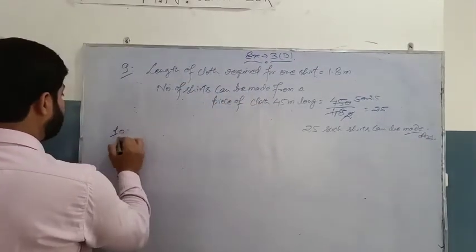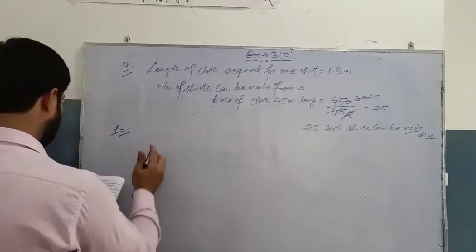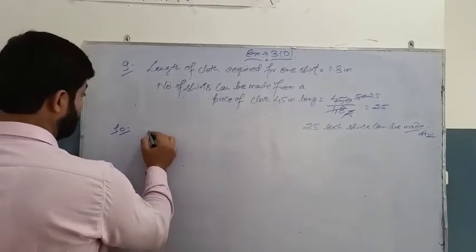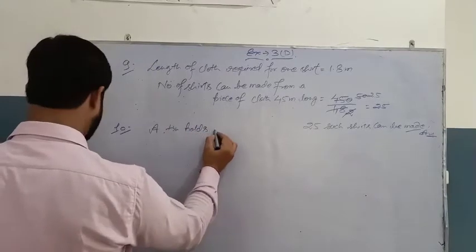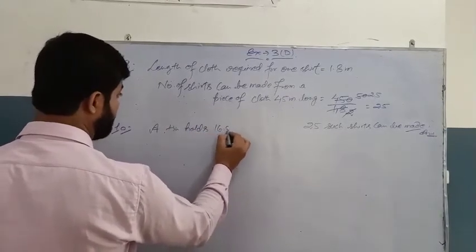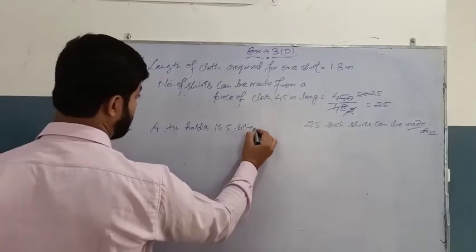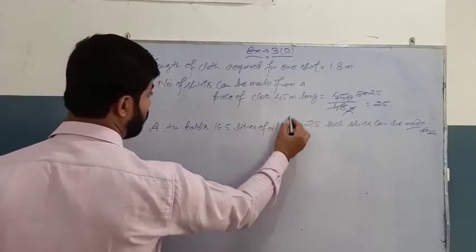Question number 11. A tin holds 16.5 liters of oil.